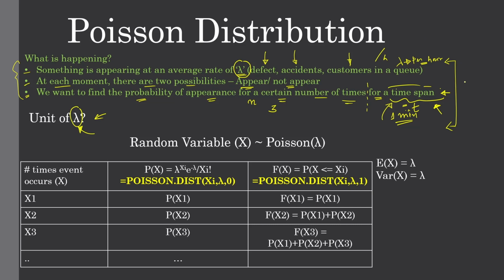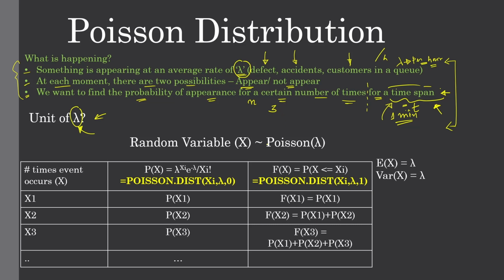But if these two are matching, for example, if it is given per hour and the time span asked is also per hour, then there is no problem. You don't have to convert lambda into any other unit. The same unit given here can be used to calculate every other thing.